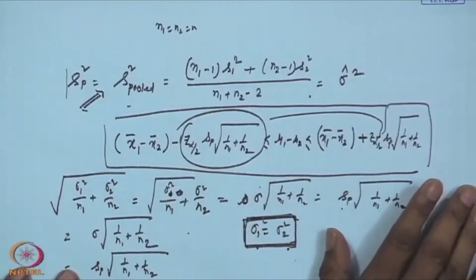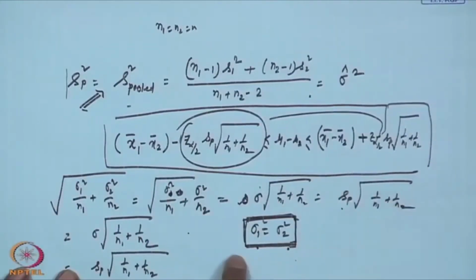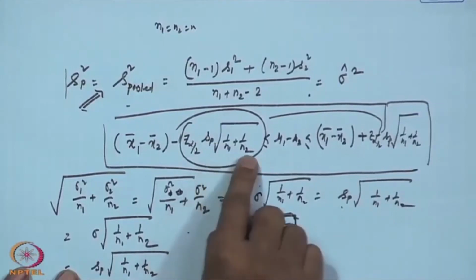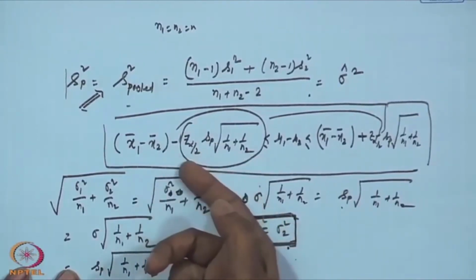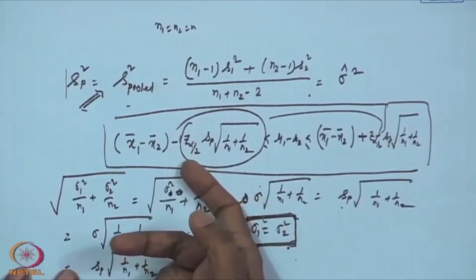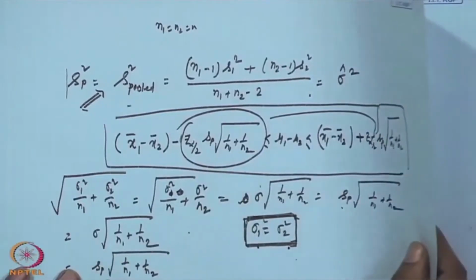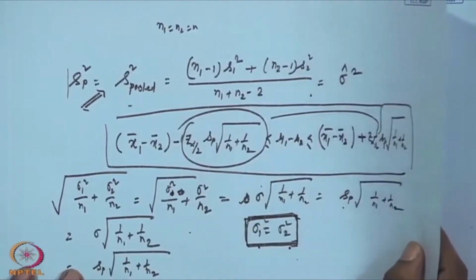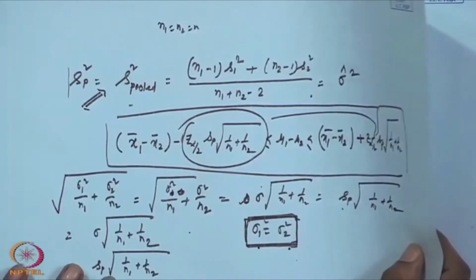If the sample size is large, you can go for Z distribution, no problem. So, Z and T distributions for the equality of means of the two populations are the most commonly used. But where did we end?